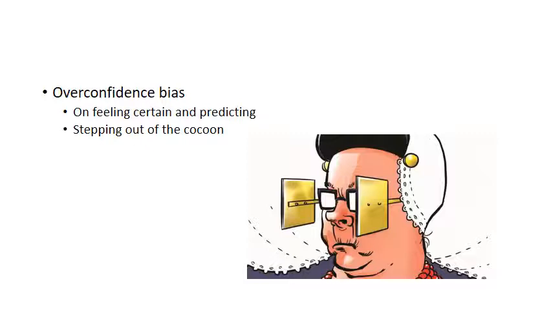And that also rids us of this strong overconfidence bias we have, the fact that we overestimate the accuracy of our knowledge and of our predictions. And that overconfidence bias is pretty strong.